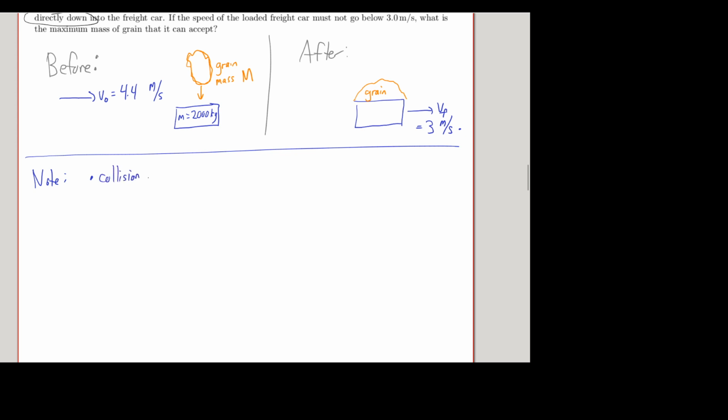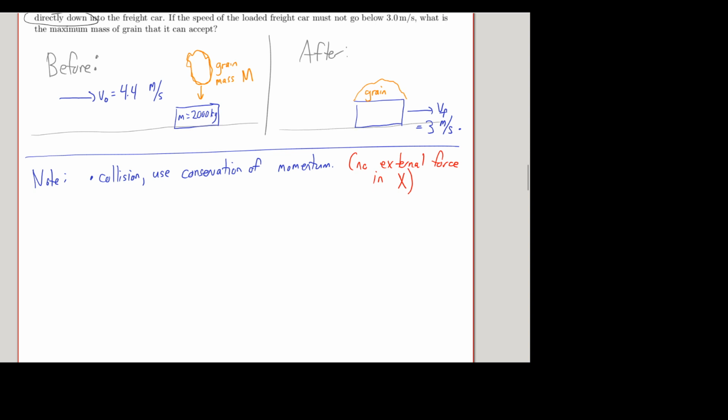So this is a collision. This suggests that we use conservation of momentum. And we're helped out by recognizing there is no external force in X. There is in Y. There's a railroad track down here, right?